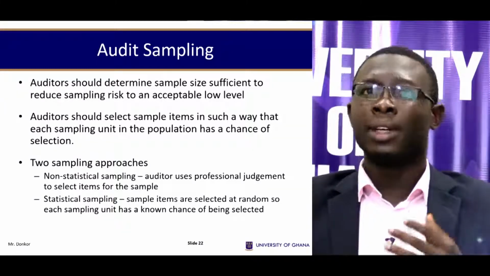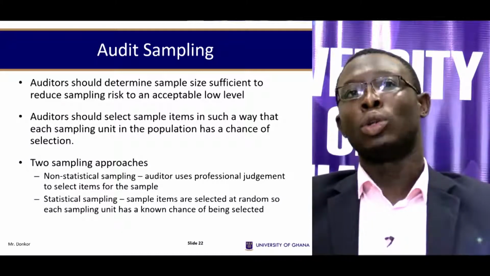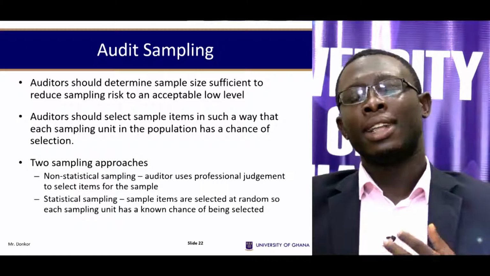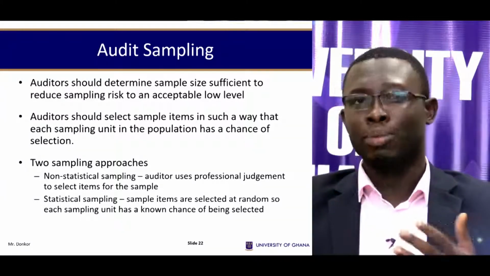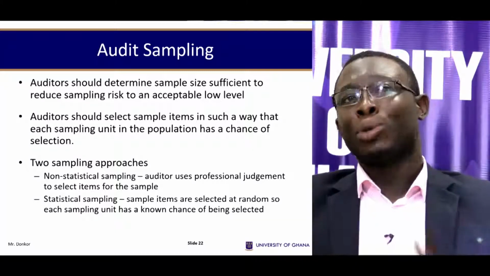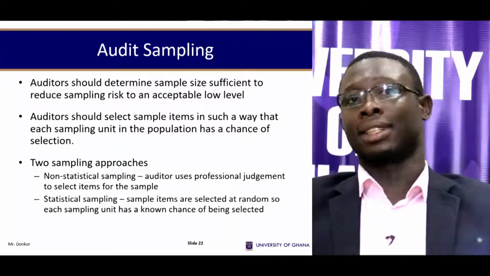Auditors should determine a sample size sufficient to reduce sampling risk to an acceptably low level. Auditors should also select sample items in such a way that each sampling unit in the population has a chance of selection.